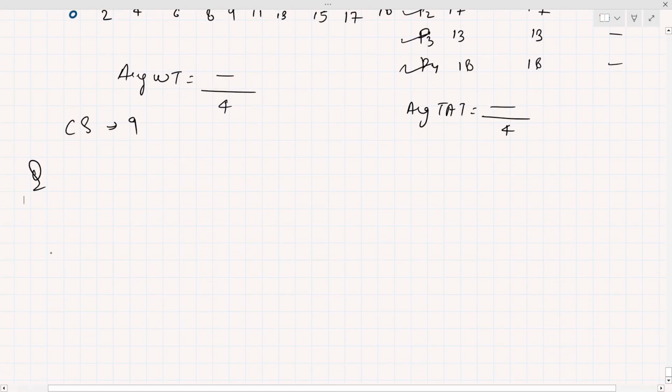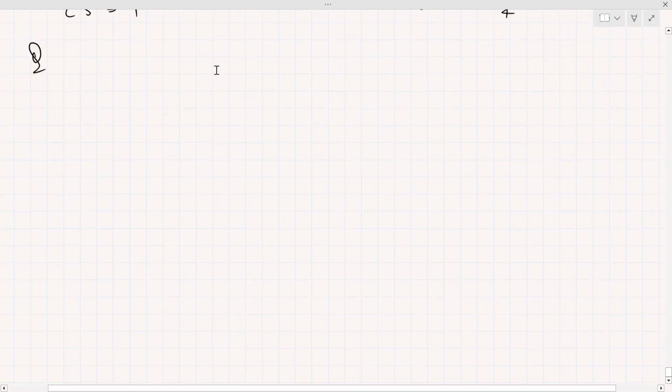Okay, so now let's solve one more question of the round robin scheduling algorithm. The processes we have are P1, P2, P3, P4, P5, P6. So we have 6 processes available and the arrival times are 0, 1, 2, 3, 4 and 5.